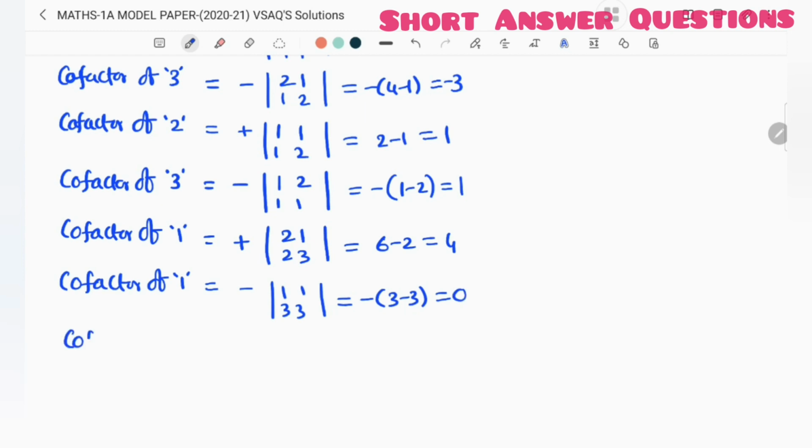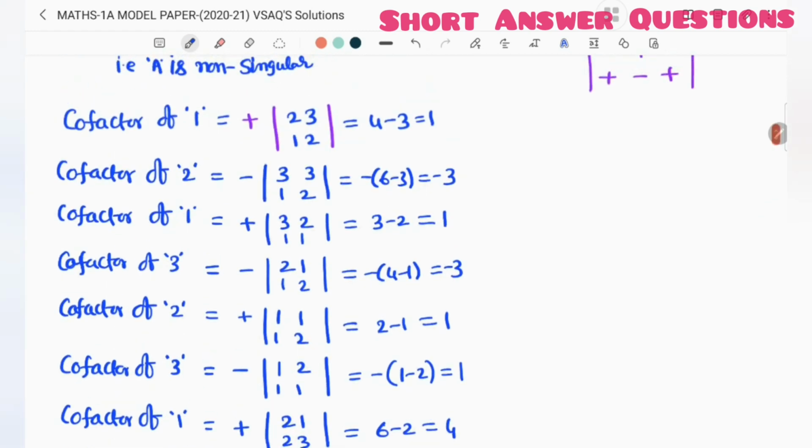Next, the cofactor of the last element 2, it is plus. So eliminating row 3 and column 3, 1 2, 3 2. So 2 minus 6, that is equal to minus 4.